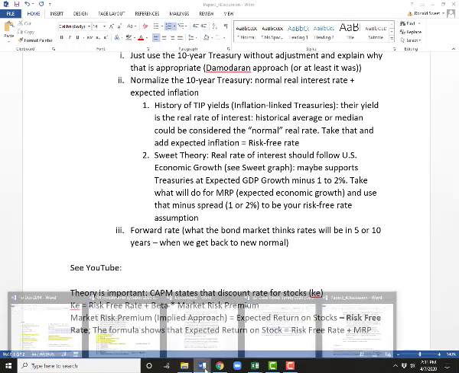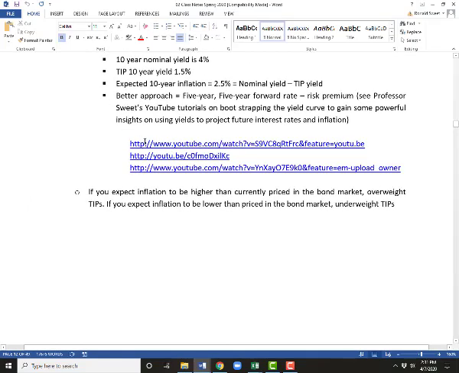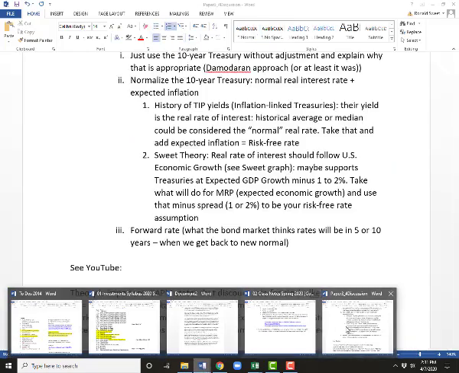So if you go into the class notes, on page 12 of the class notes are some YouTube videos that show you how to bootstrap the yield curve. You just do a search on the term bootstrap. It's the only place it's used in the notes. It shows you how to bootstrap the yield curve, which is essentially you're going to use the 10-year treasury, but say in 10 years from now or 5 years from now.